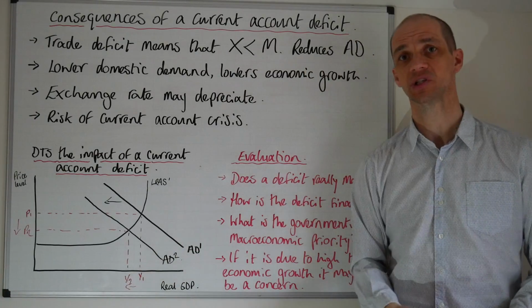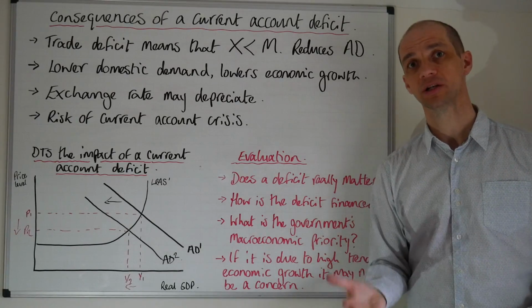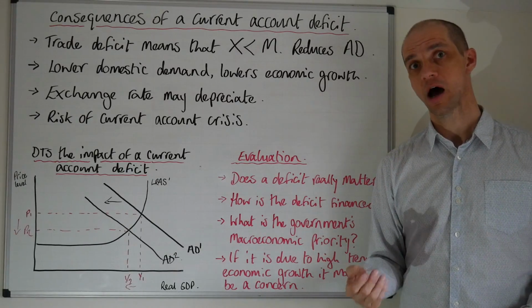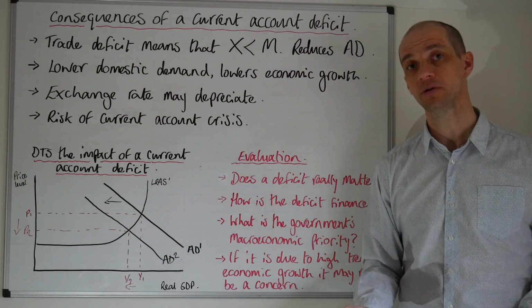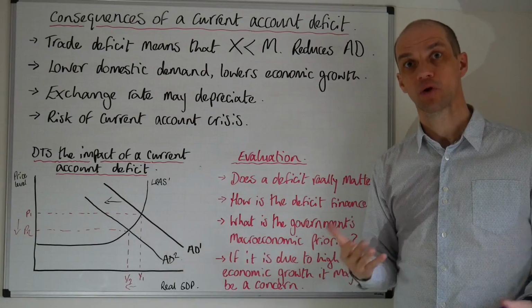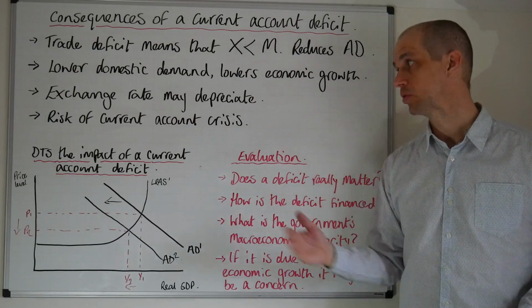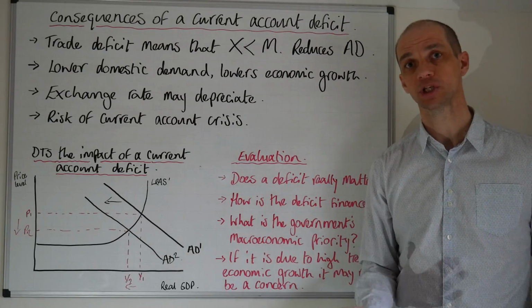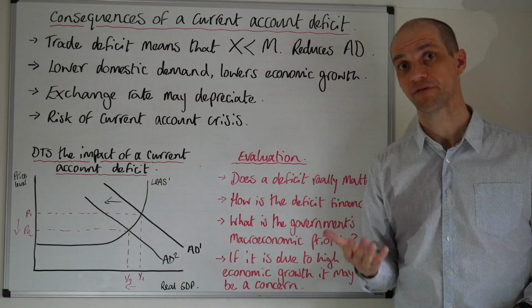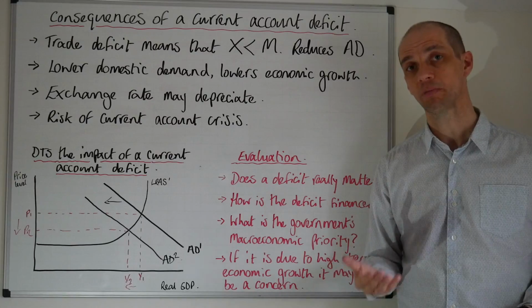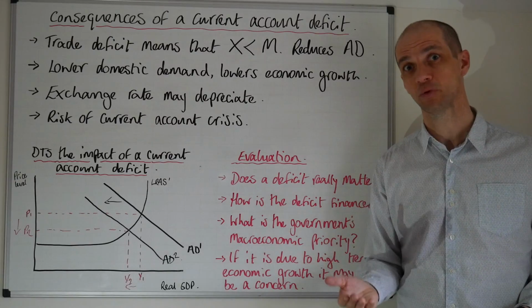If economic growth is slowing and your export industry is not competitive, then it may well of course signify that your exchange rate is overvalued, and that may require a price correction which would take place via a depreciation. Now, if the country runs a floating exchange rate, this may not pose such a problem for the economy.